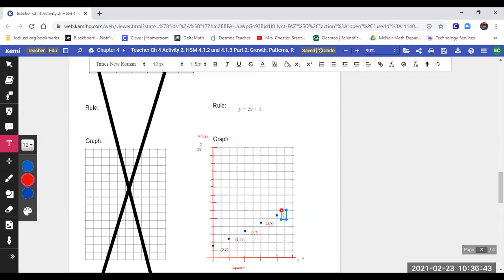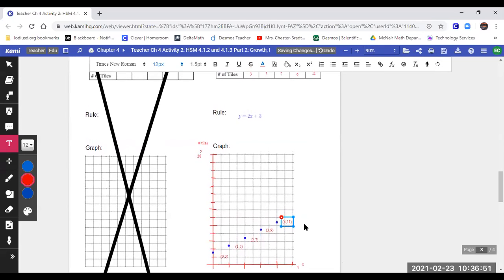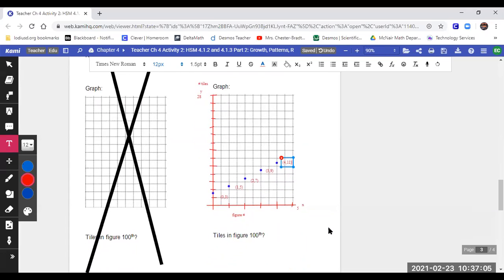What's the big deal about that? Why do we not connect this kind of situation with the dots? What does connecting them mean? If we connect them, what does that mean?